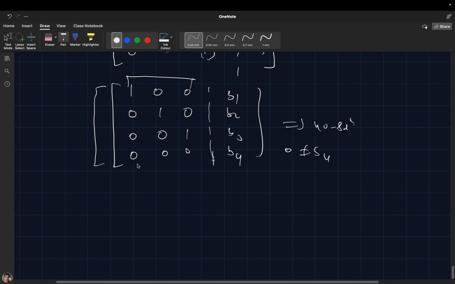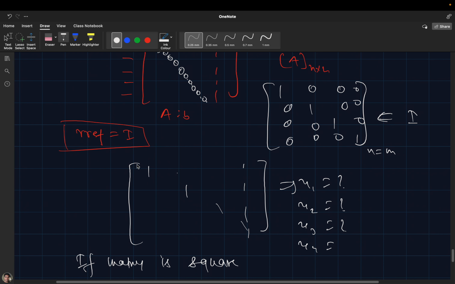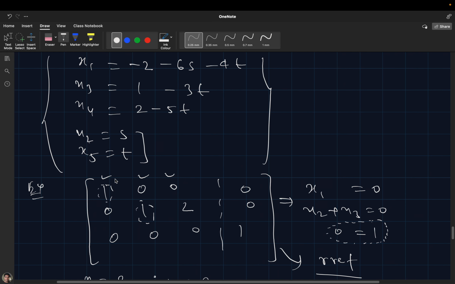So in the REF and RREF, do we need to make the bottom row all 0? Is there any condition like that? Yeah, it is a condition of the RREF.